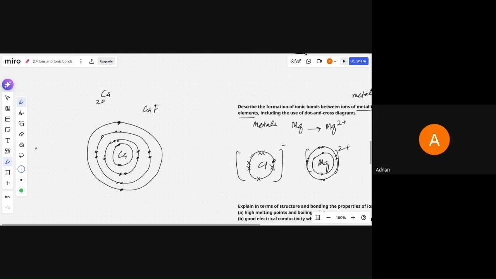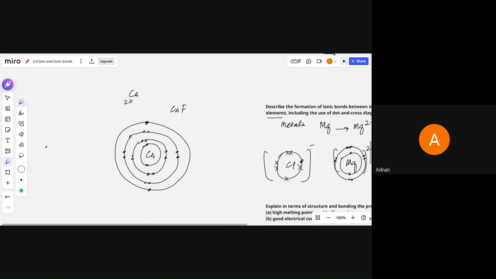So for fluorine, it is in period 2, group 7. So it's going to gain one electron. It has two shells since it is in period 2. Two electrons in the first. It has atomic number 9. So calcium is 20 and fluorine is 9. So two electrons in the first and 1, 2. Okay, I should depict these using a cross because these are dot and cross diagrams.